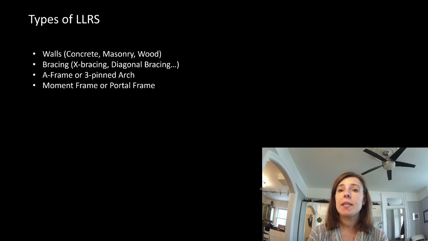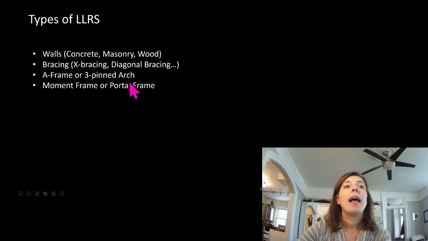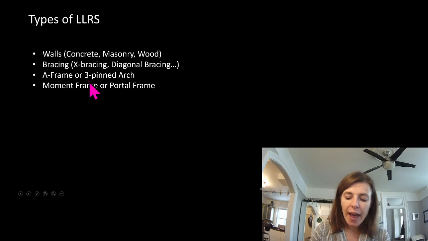If you're talking about a steel building, often your walls are just cladding. So for those buildings, X-bracing or diagonal bracing is going to be your best bet. You can do an A-frame or a 3-pinned arch.